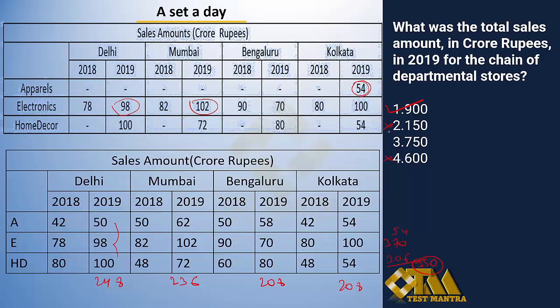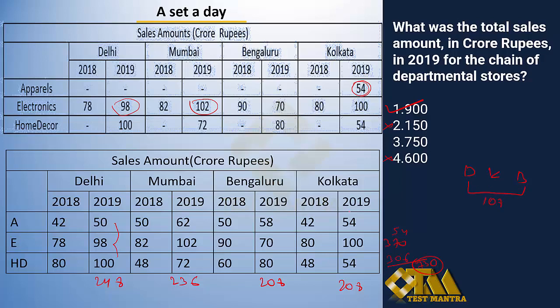So if it's more than 750, the second thing we have to identify is that the question said Delhi, Kolkata and Bangalore in 2019 were in arithmetic progression, where the summation of these two was 108, right?